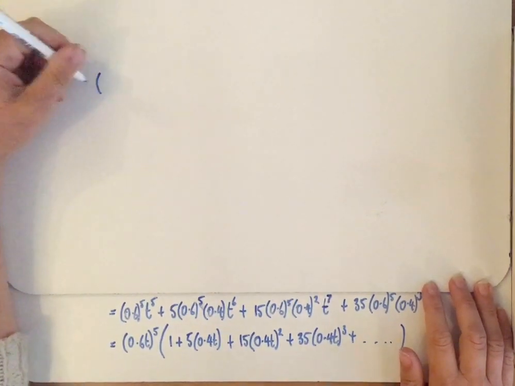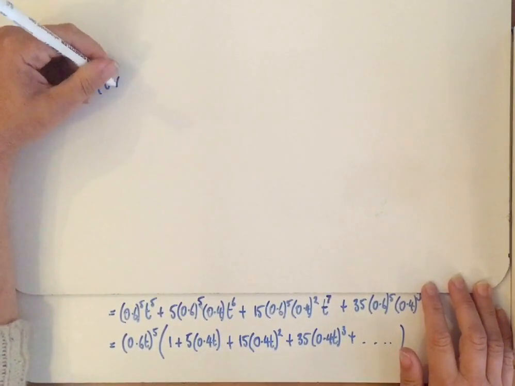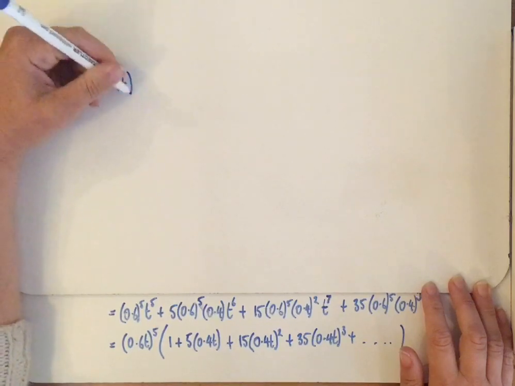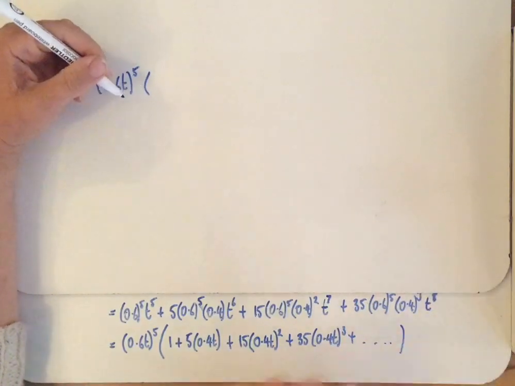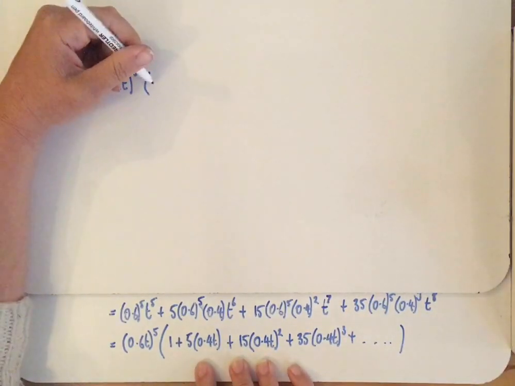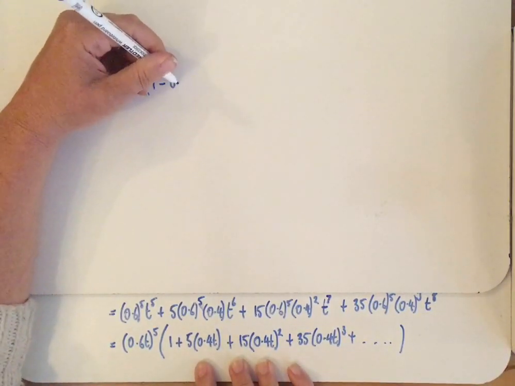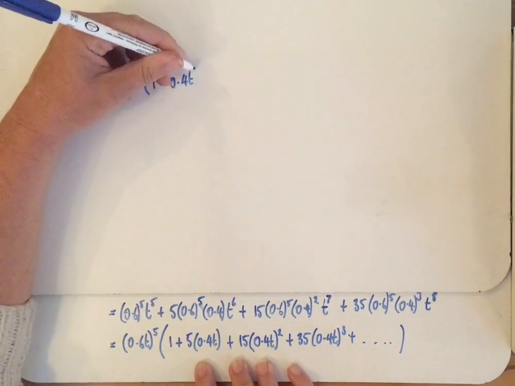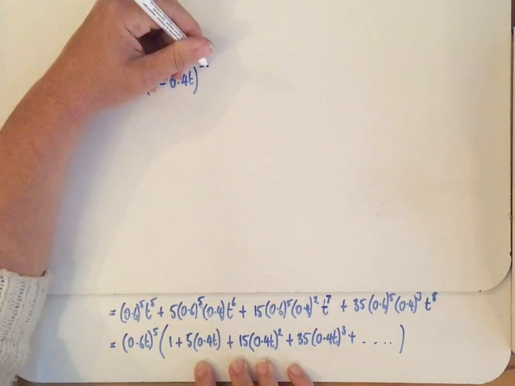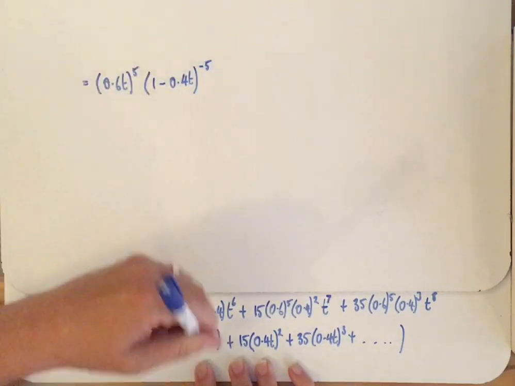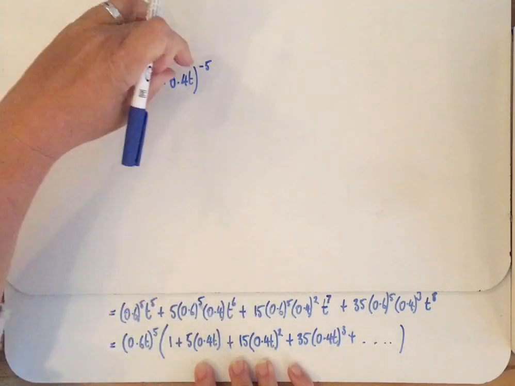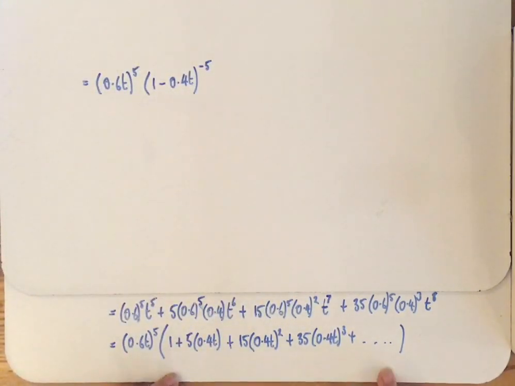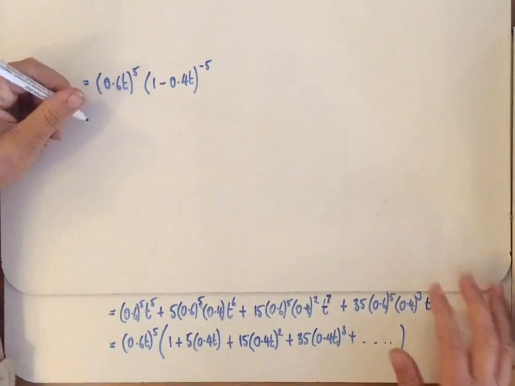So I've got 0.6t to the power 5, and this here is the binomial expansion of 1 minus 0.4t to the power of minus 5. Remember, we're in the negative binomial distribution, which is why we're getting this kind of effect coming through here. You could expand that backwards and you'd be able to see that you get this. Don't worry about taking it the other way.